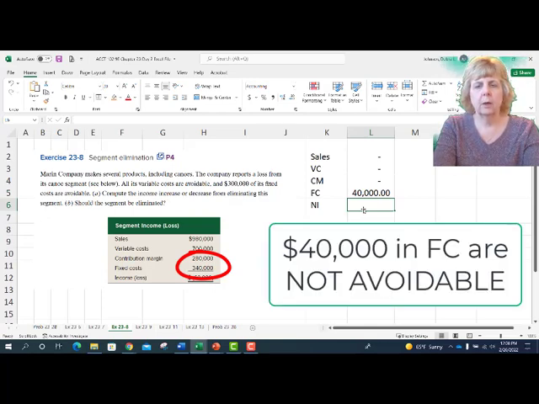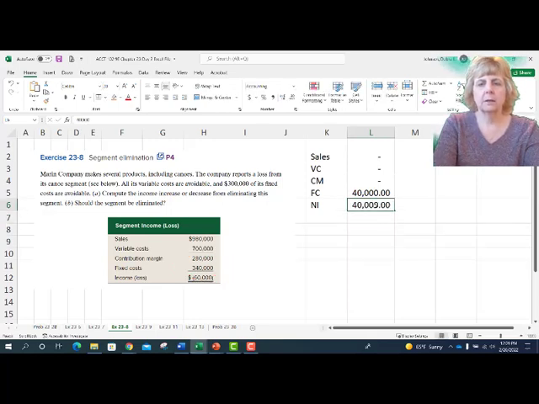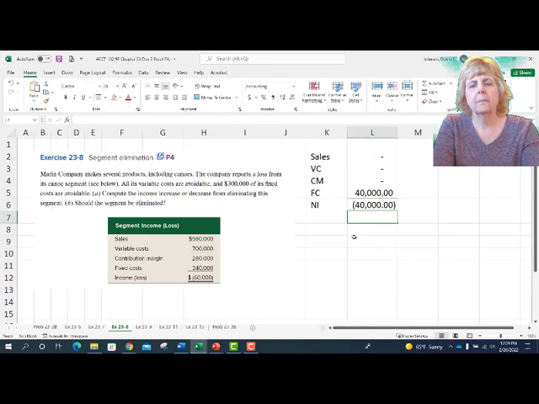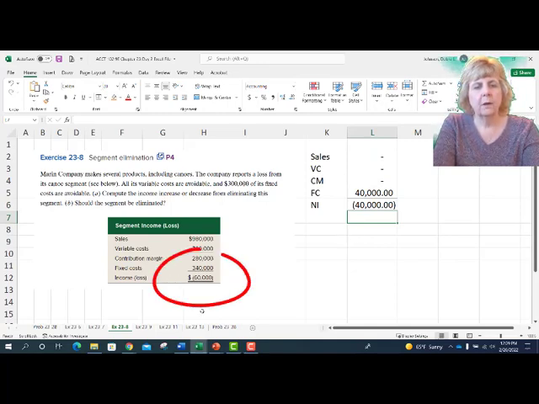So looking at that quick income statement, the contribution margin of 0 minus $40,000 in fixed costs would give us a net income, or a net loss in this case, equal to negative $40,000. Let me let the computer calculate that. So right now, the net loss with the segment is $60,000.